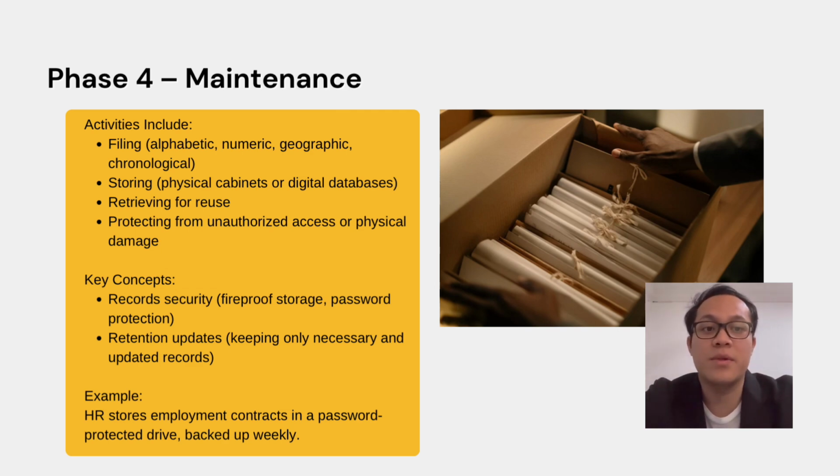The key concepts here are record security, like fireproof storage and password protection, and retention updates, keeping only necessary and updated records. For example, HR, human resources, stores the employment contract in a password-protected drive. They also back up this drive weekly.